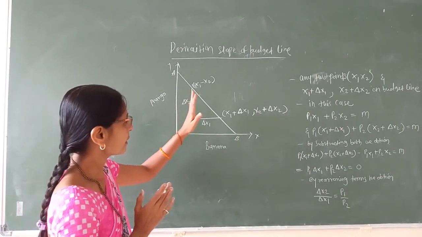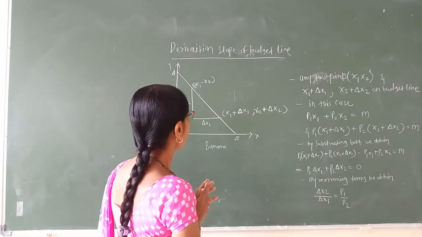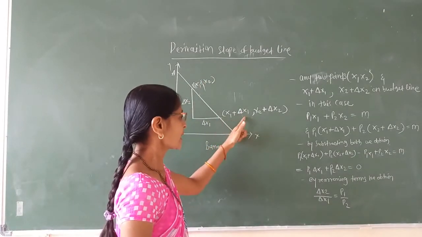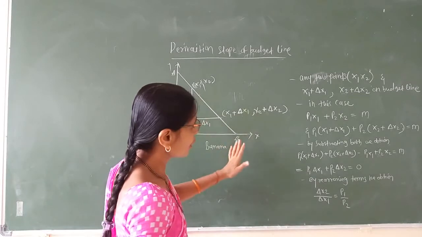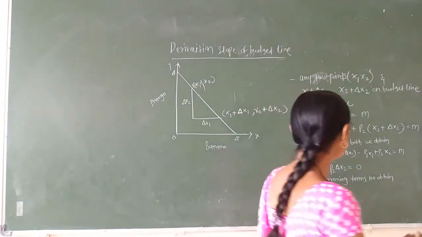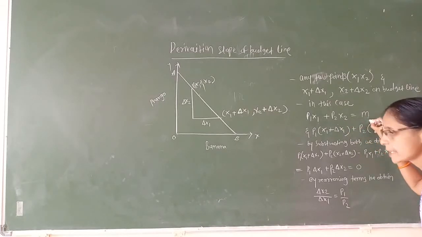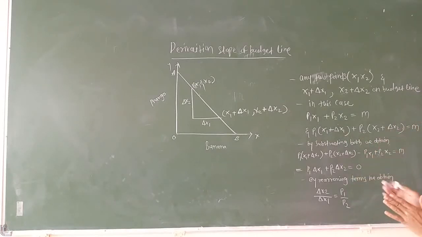So students, any two points, x1 and x2, and x1 plus delta x1 and x2 plus delta x2, are on the budget line, and in this case P1 x1 plus P2 x2 is equal to M. All of you know, P1 means the price of the x1 commodity and P2 means the price of the x2 commodity, and M means the income of the consumer.